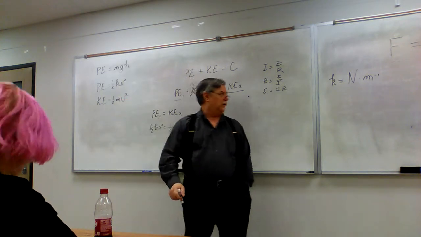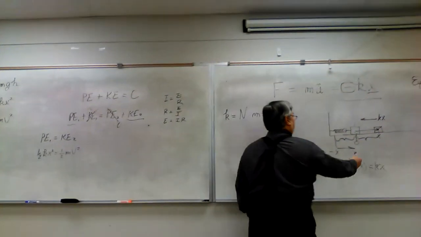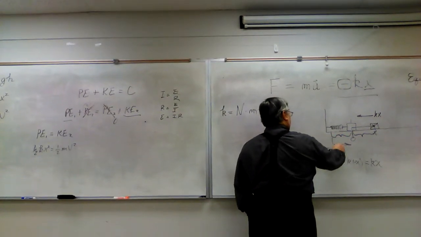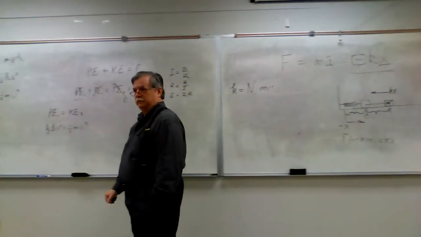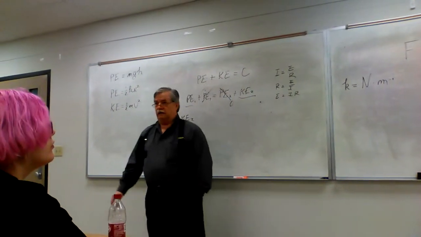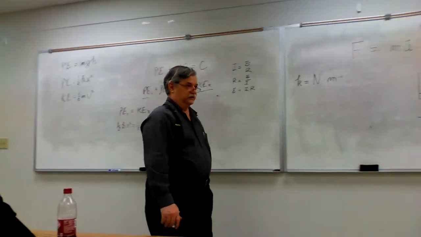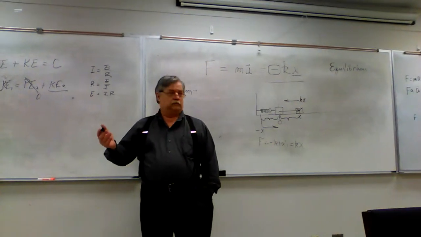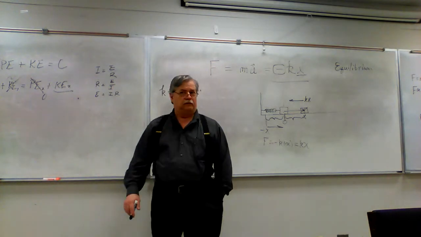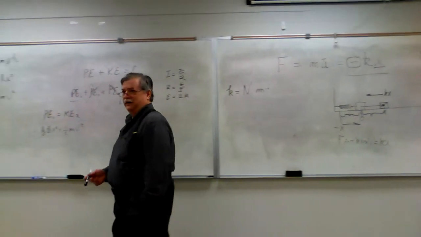How fast will it be going when this box goes all the way to negative x? When its potential energy is equal to the energy that it started with. Its velocity will be 0. Thank you. I'm not trying to trick you.